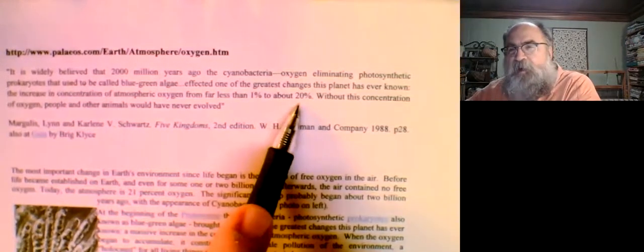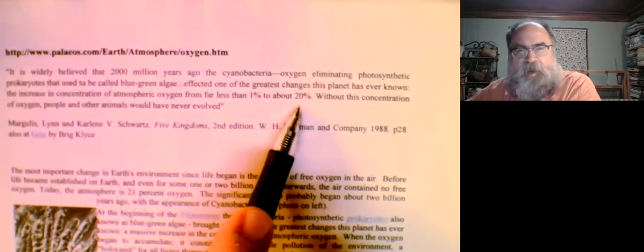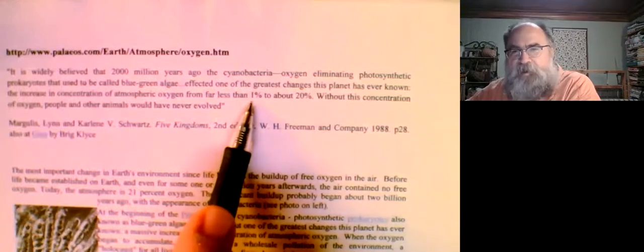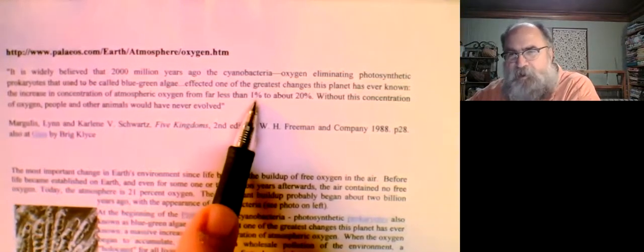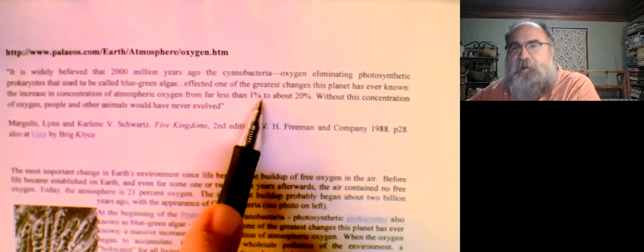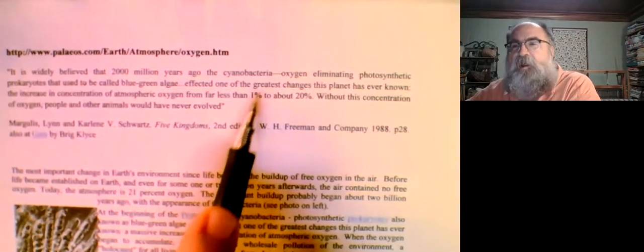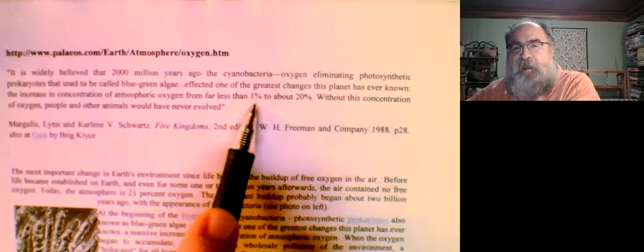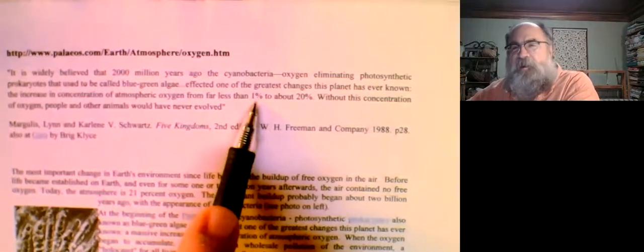Today, we've got about 20% oxygen in our atmosphere. But back then, it would have started out as 0%. Then it would have headed up, getting around to 1%. And that's when the big catastrophe, the Holocaust, would have really occurred. When we get to about 1%, because now that's killing off a huge amount of the biodiversity on the planet.